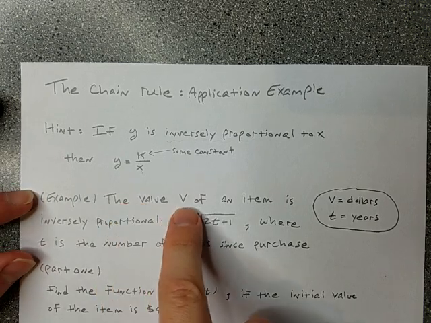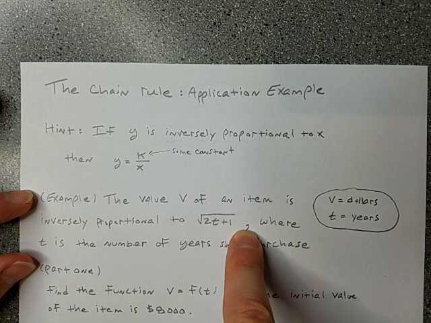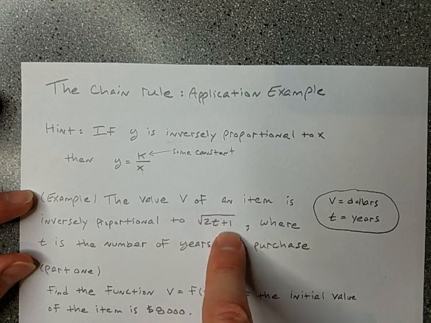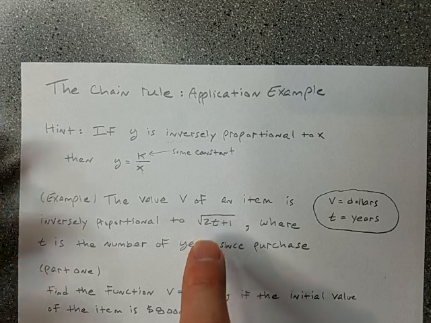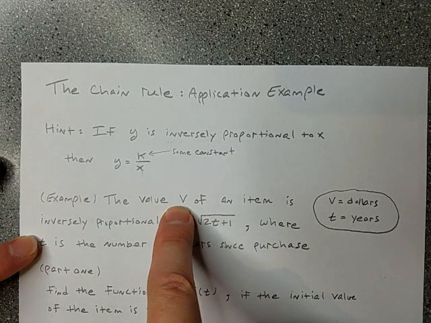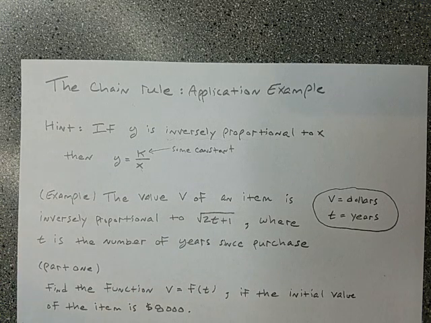Okay, the value v of an item is inversely proportional to root 2t plus 1. And already I can say, well, that means if this number goes up, like say if time goes up or time advances or time passes, that means the value is going to go down. All right, and that would make sense because for most things there is depreciation over time. They become less valuable over time.